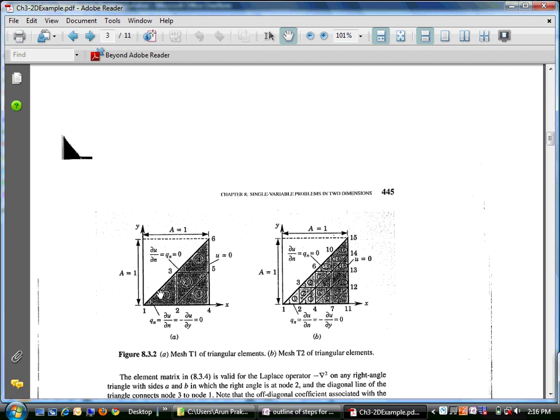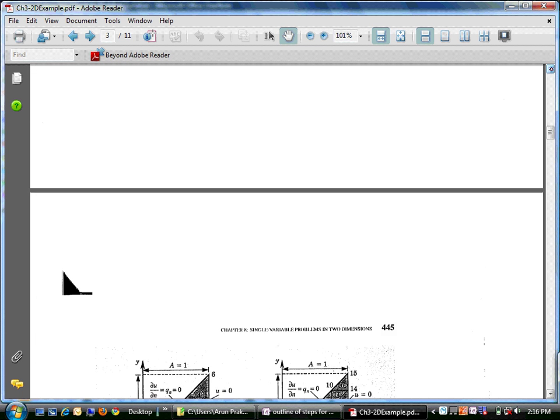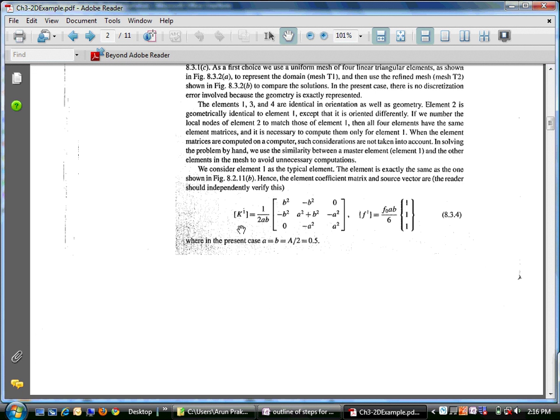Can you see that on the handout? You can barely see that there are 4 triangles, and it so happens that for all of those 4 triangles, the stiffness matrix is this. And for all of those 4 triangles, this is the force vector.